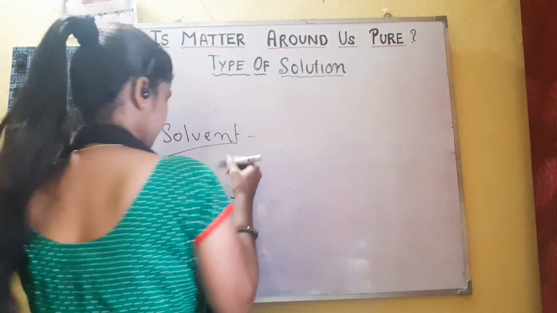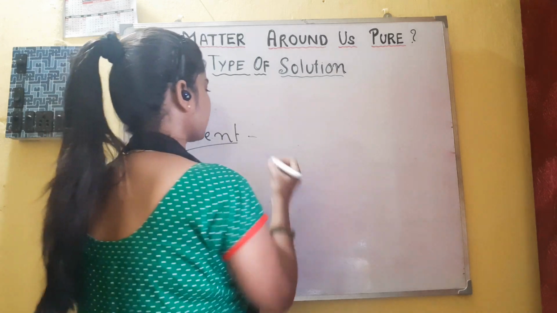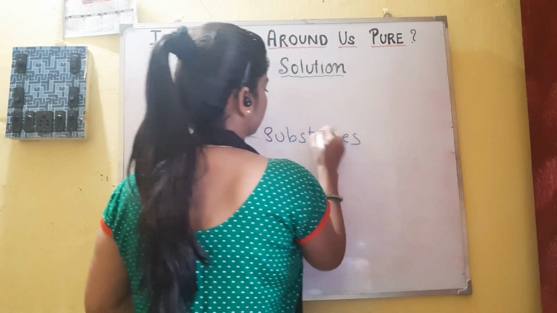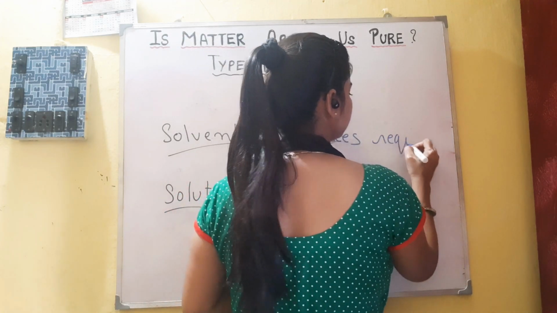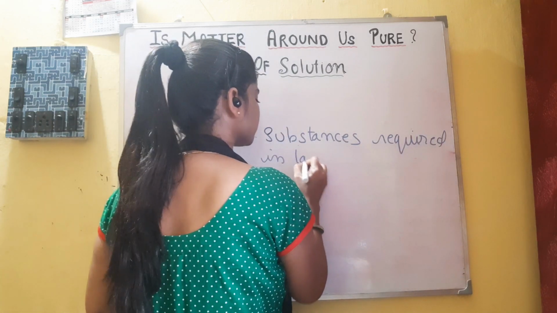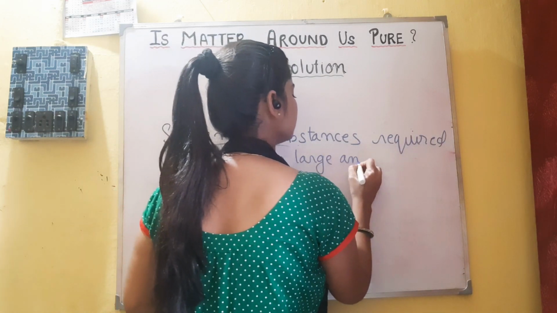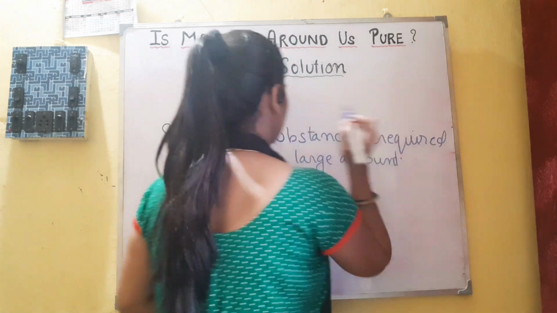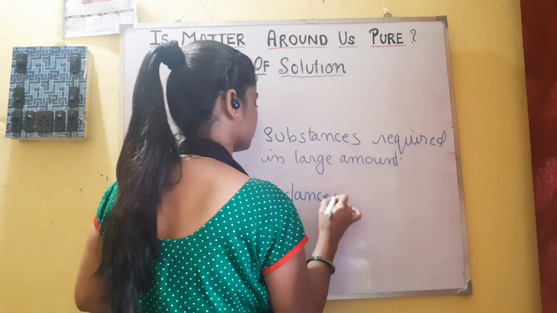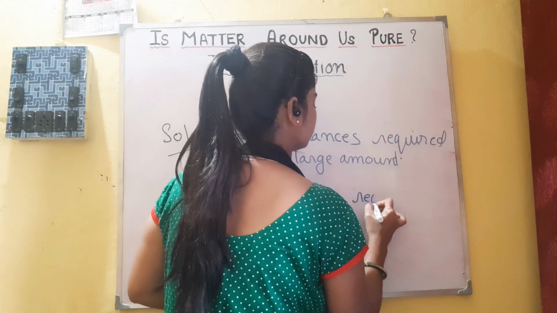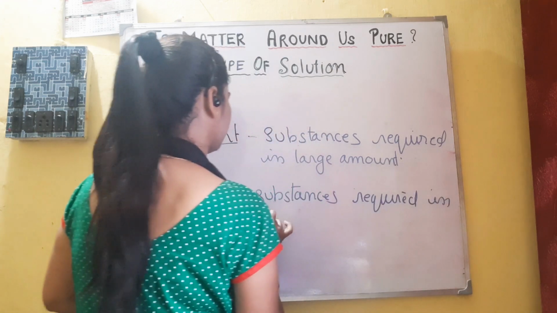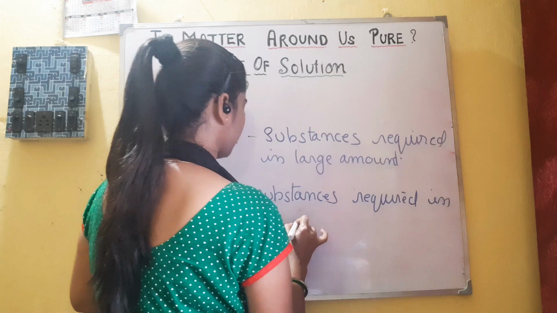So solvent is the substance required in large amount, and solute is the substance required in less amount.